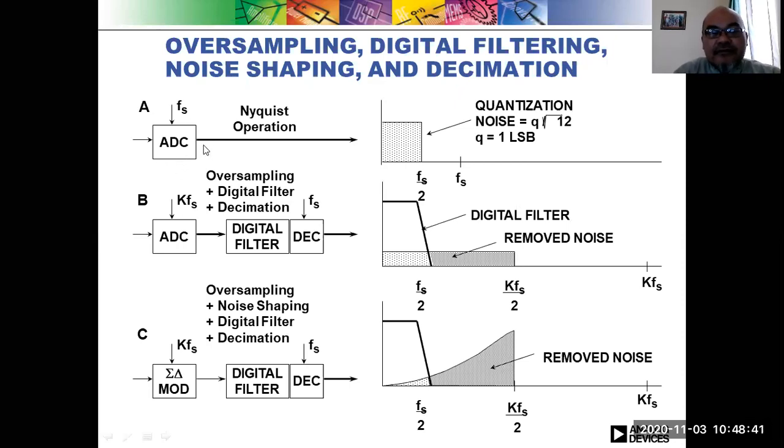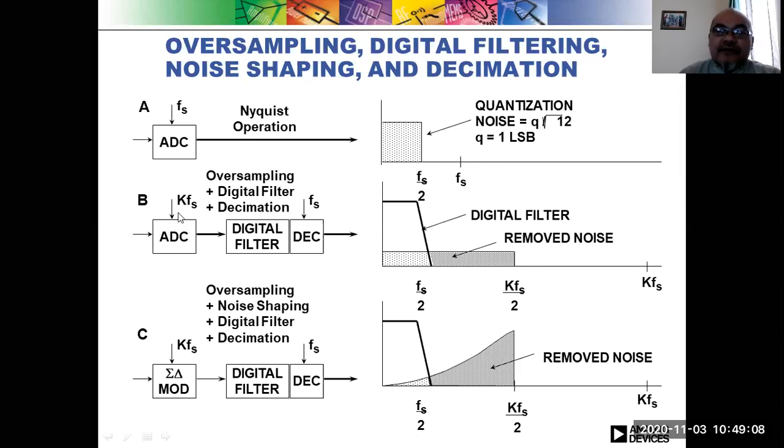In the first one, using Nyquist operation, we know that the sampling rate has to be at least twice the highest frequency component of the signal. The quantization noise will be Q divided by square root of 12, where Q is the least significant bit.